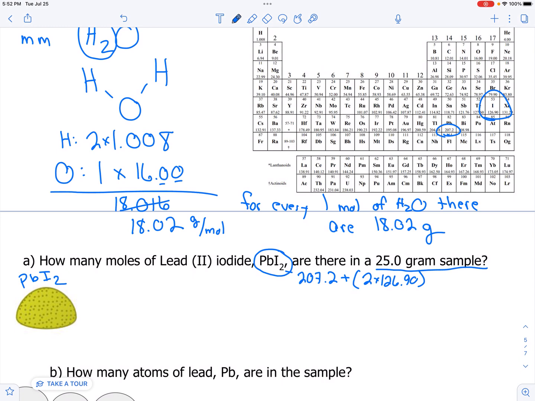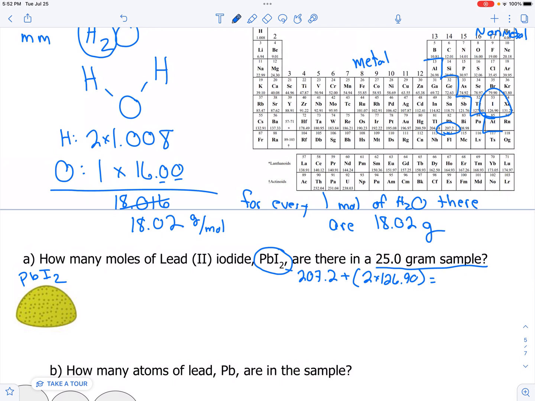And of course the reason I know that they are ions is because this is an ionic compound. I have a metal, lead is a metal, and I have a non-metal. Again, as I'm doing these short little videos, I'm going to throw back to a whole bunch of little things that you need to know. So you do need to recognize, not for this particular problem, but just in general, whether you have an ionic or a covalent compound.